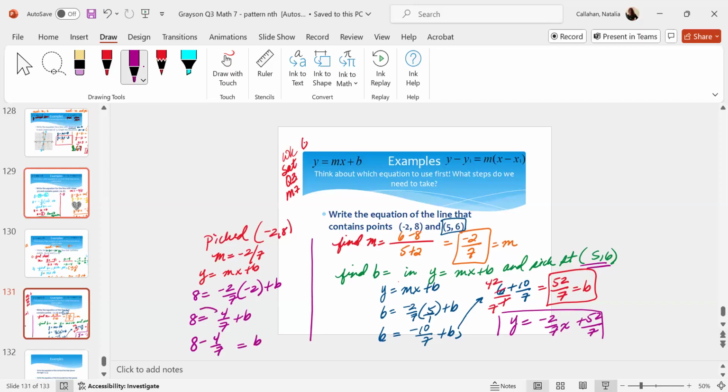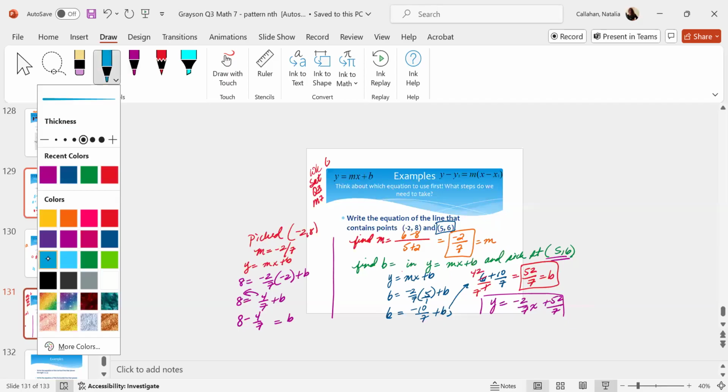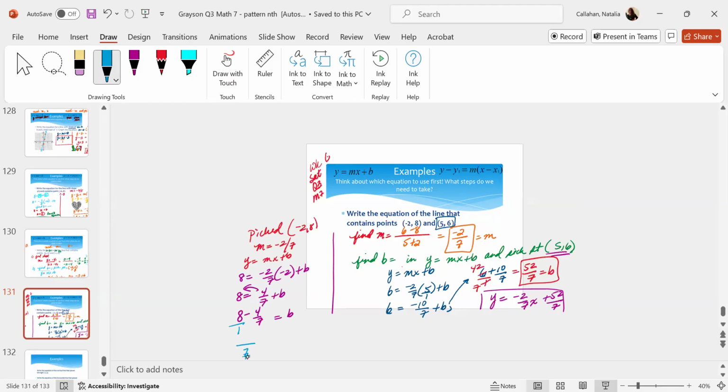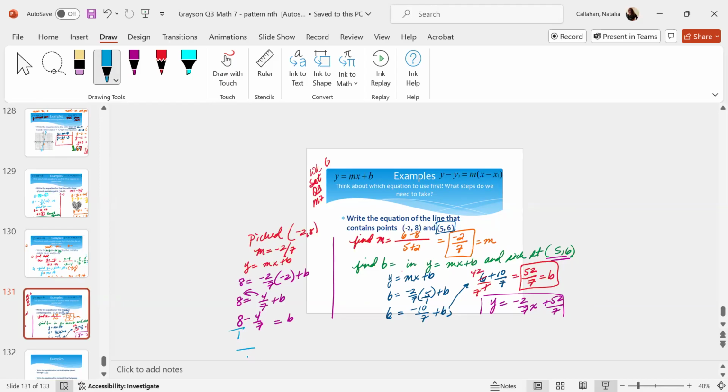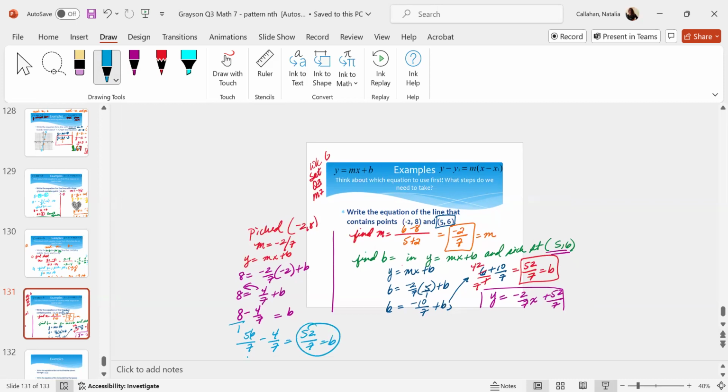You're going to move it over this way. Did you do that? Yeah, that's probably where you went wrong. So it will be 56 over 7 minus 4 over 7, which is 52 over 7, and that's b. So either way, you'll still get the same answer. So just fix your mistakes.